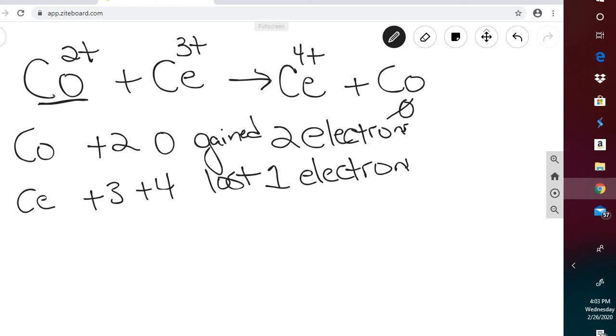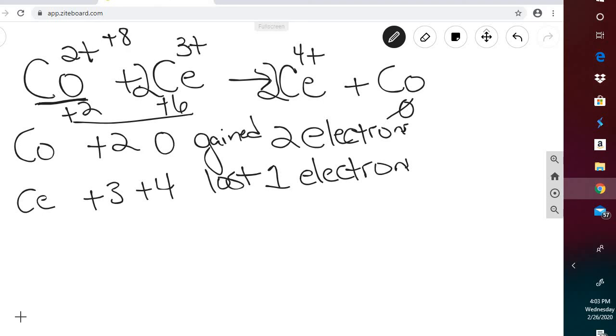Okay, so the cobalt gained 2 electrons. And the only way it could gain 2 electrons is if they came from 2 ceriums. So we put a 2 there, and then in order to balance it by atoms, we need a 2 there. Now if we look at the charges, we have 2 times 3, which is +6, and a +2, so the total over here is +8.